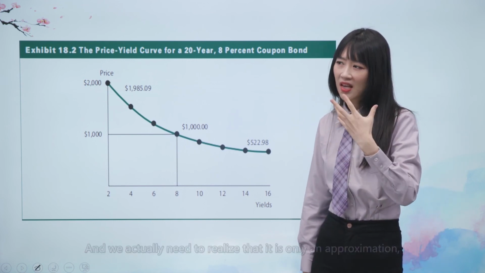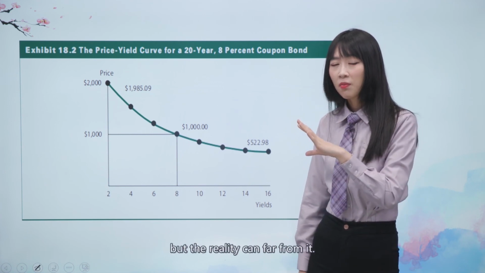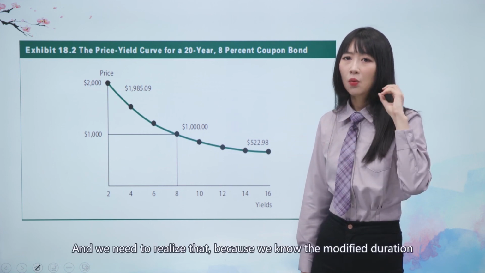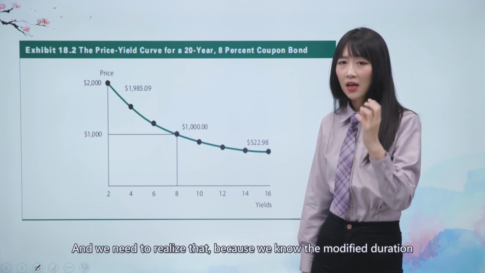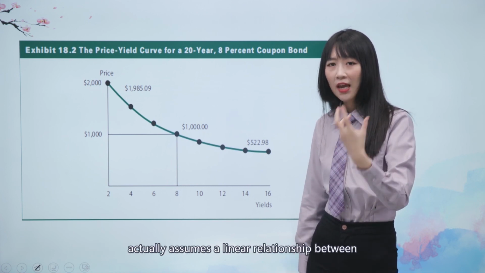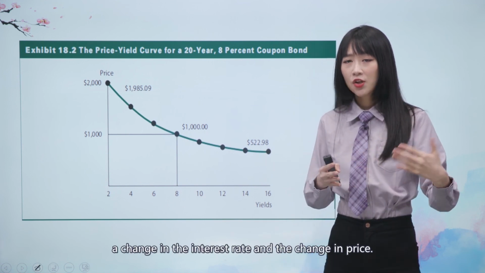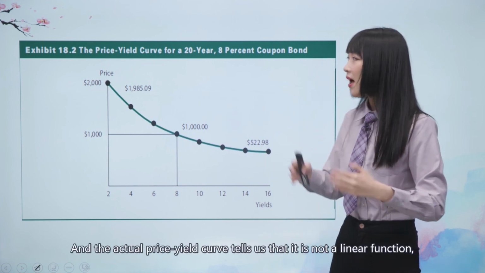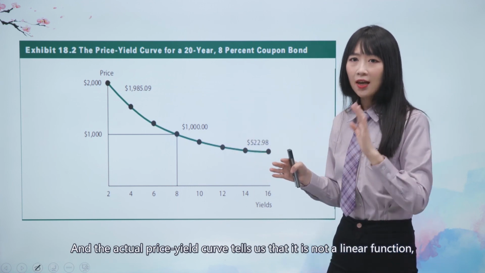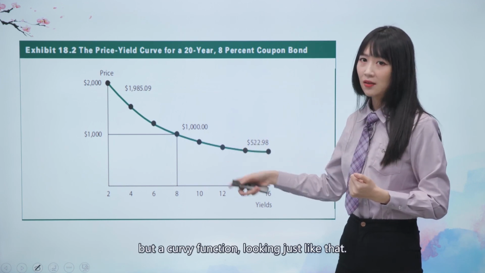It's like a model that offers an estimation, but the reality can fall far from it. We need to realize that because the modified duration assumes a linear relationship between the change in interest rate and the change in price. And the actual price-yield curve tells us that it is not a linear function, but a curvy function, looking just like that. All right?